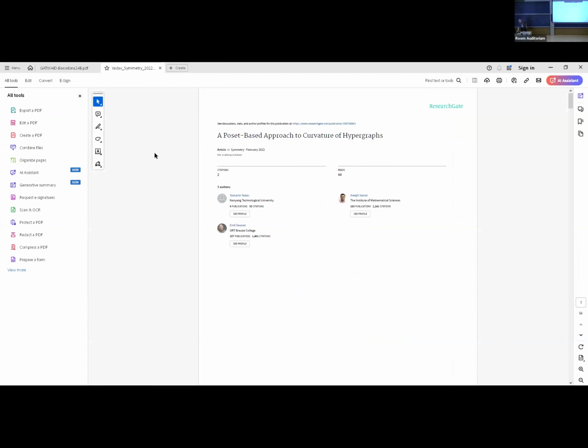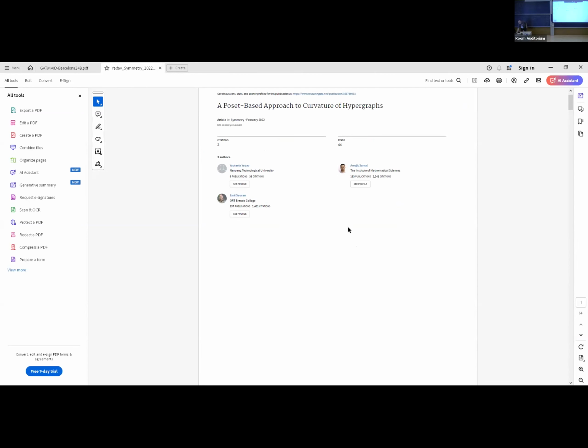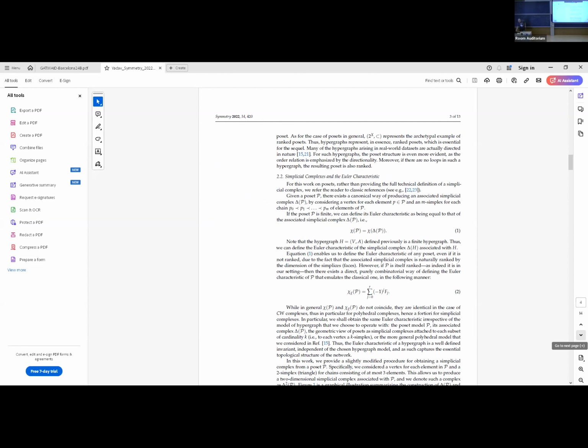Okay, so this paper, I didn't know. I found it online. I don't know where my papers are. So this paper, full screen, how do I do full screen? Control L, oh yes. So we have this paper.